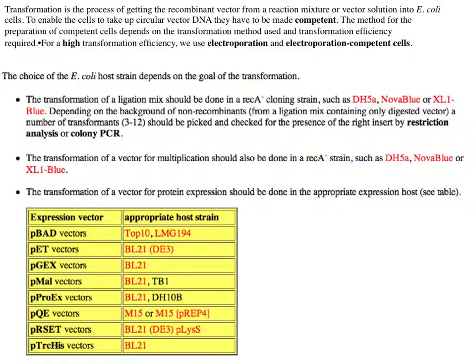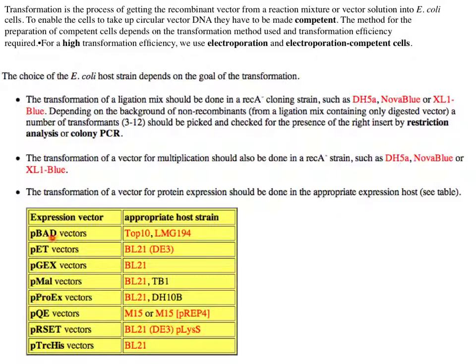And then you should pick about 3 to 12 colonies and then test by restriction analysis or colony PCR to see if the sequences are correct. The transformation of a vector for multiplication should be done also in a RecA minus strain, such as these shown here. And here are different expression hosts and vectors shown here.